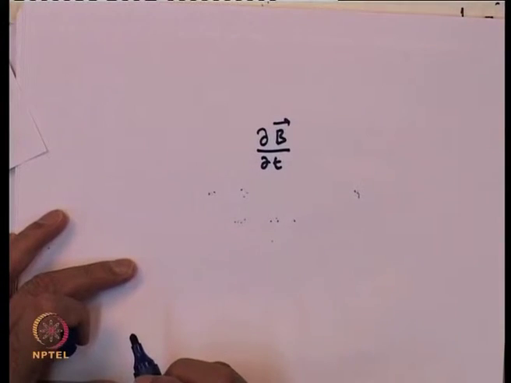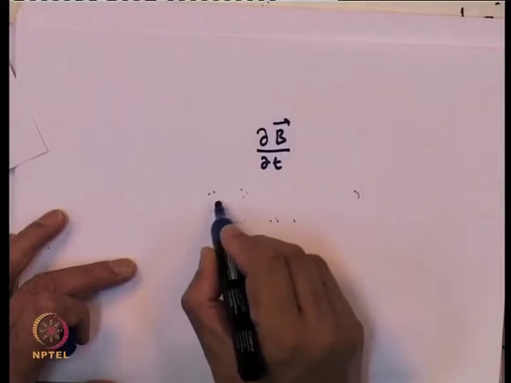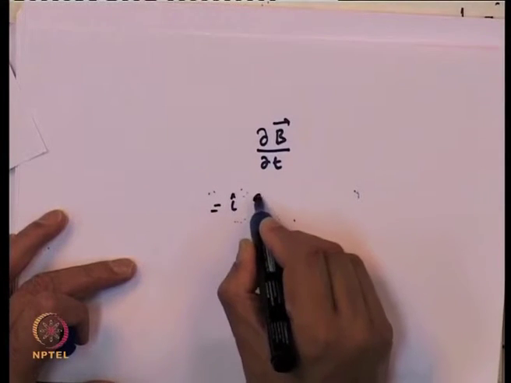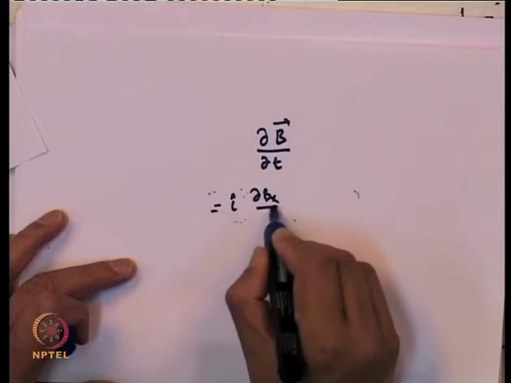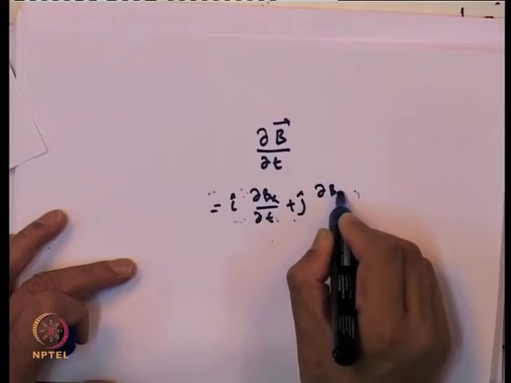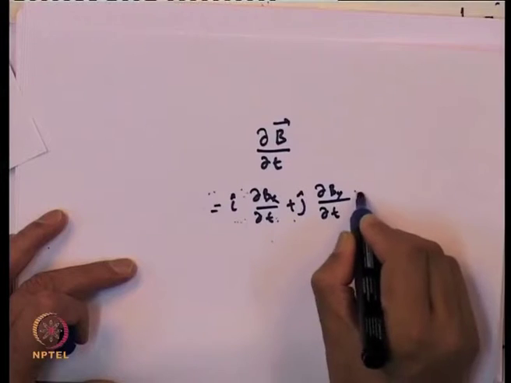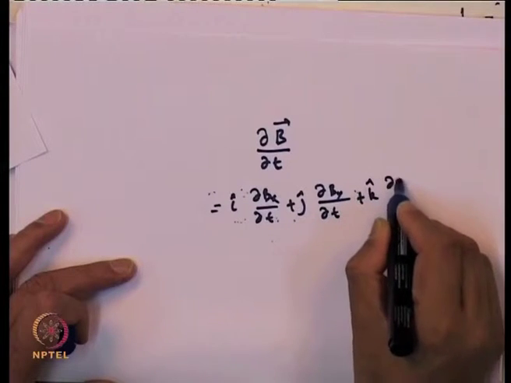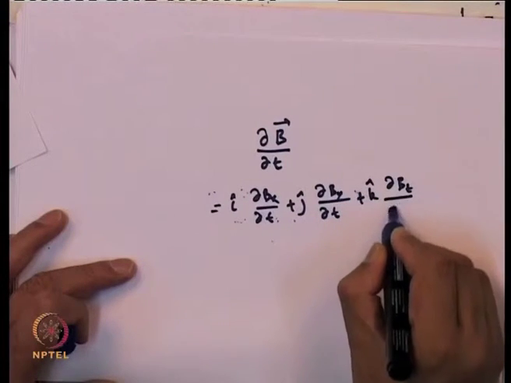The x, y and z components of this equation can be written as i ∂Bx/∂t plus j ∂By/∂t plus k ∂Bz/∂t.